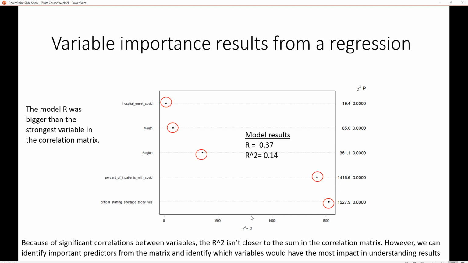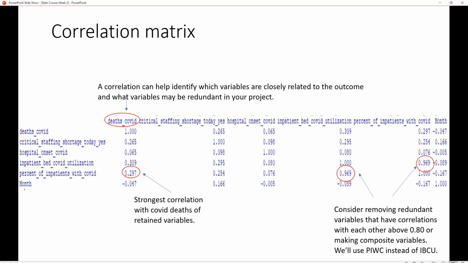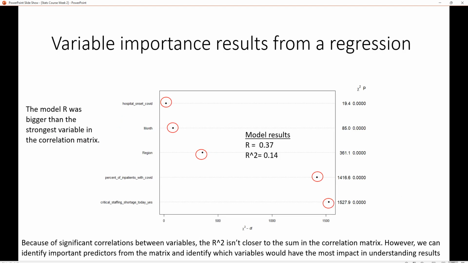If we were to rank which things had the most importance, it would be the critical staffing shortage today variable. If we go back, we see that correlation was 0.265. The correlation for percent of inpatients with COVID was 0.297, so at first I would have thought that would have been the variable that showed up as most important.